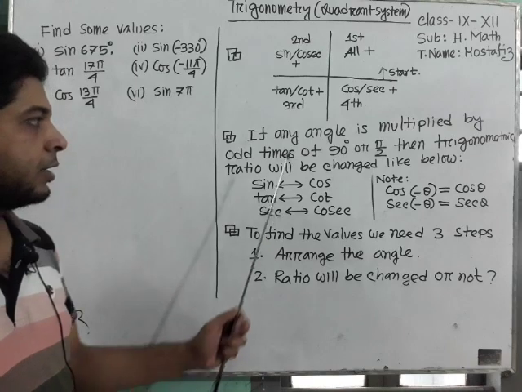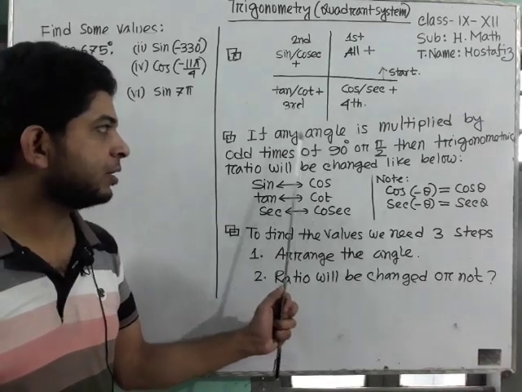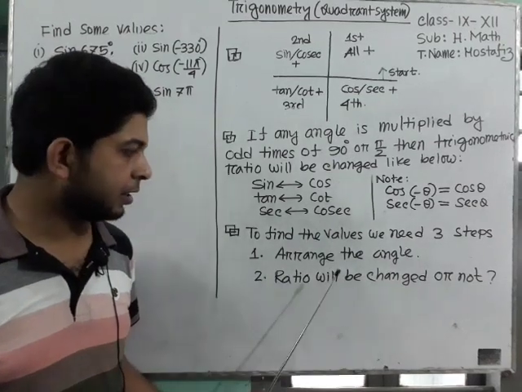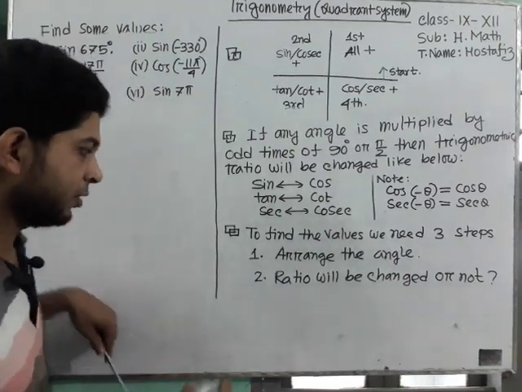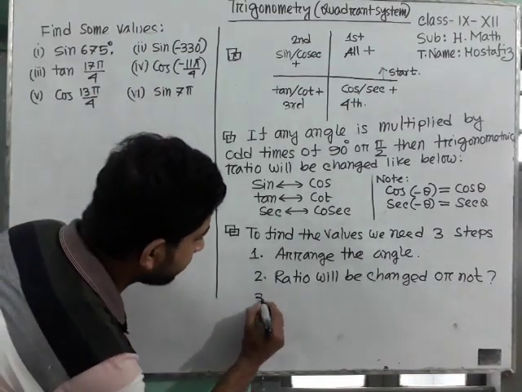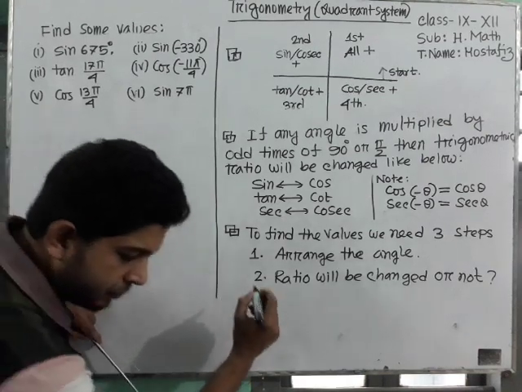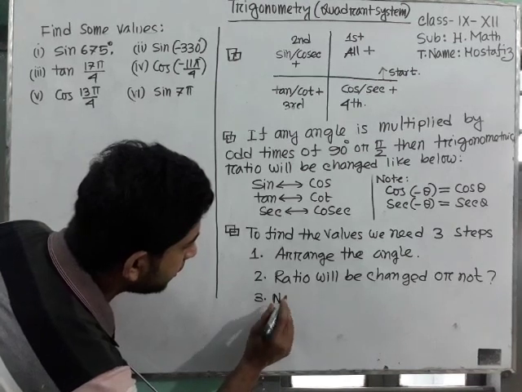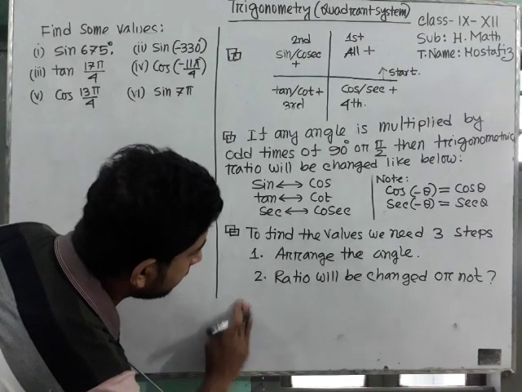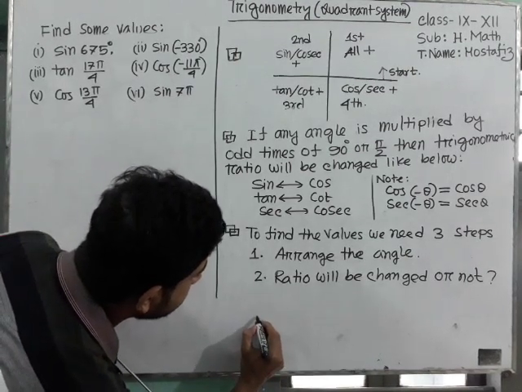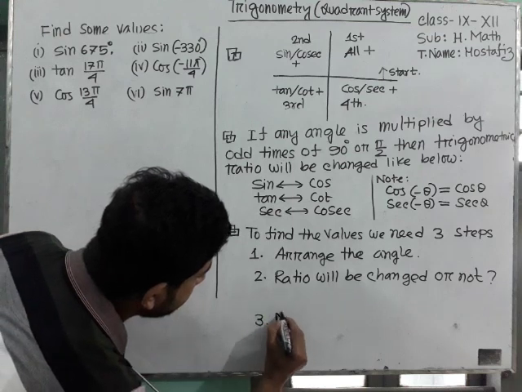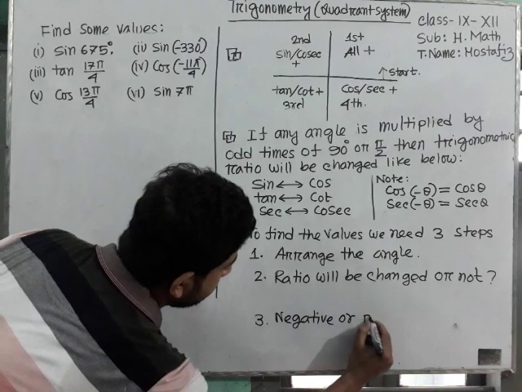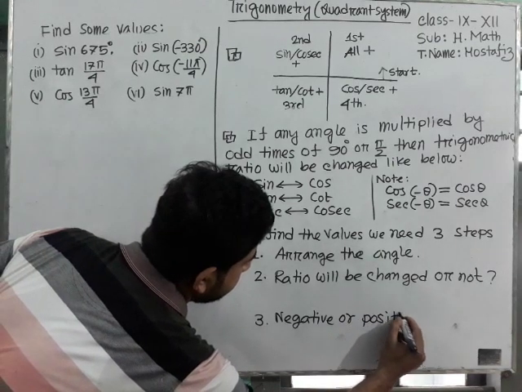Just you have to think the angle is multiplied with odd numbers with 90 degree or not. Then it will be changed or not. And last of all, negative or positive. It will be negative or positive.